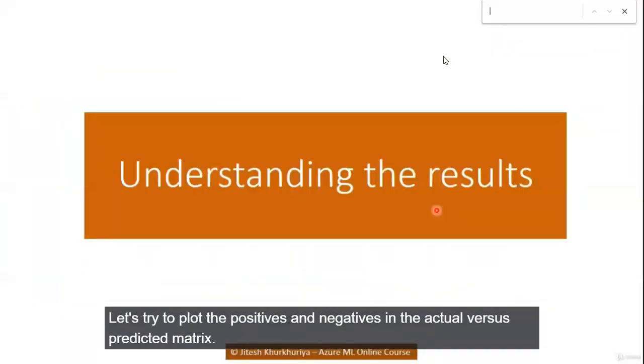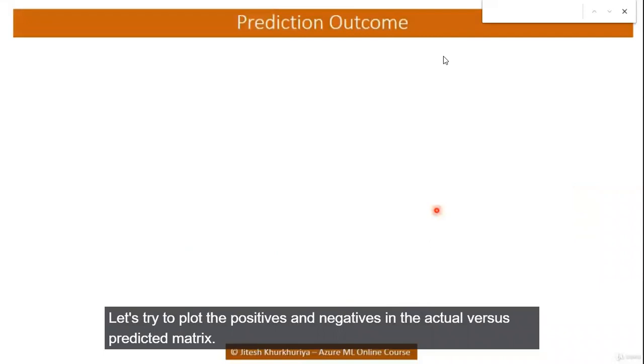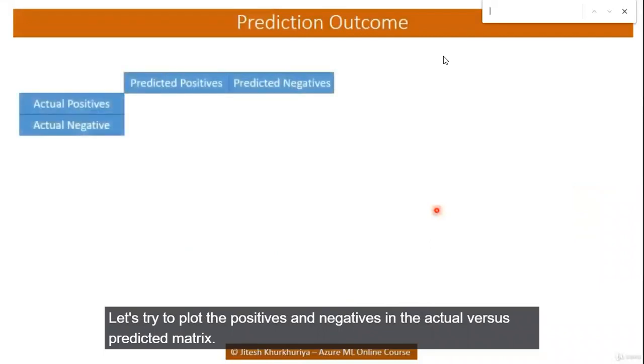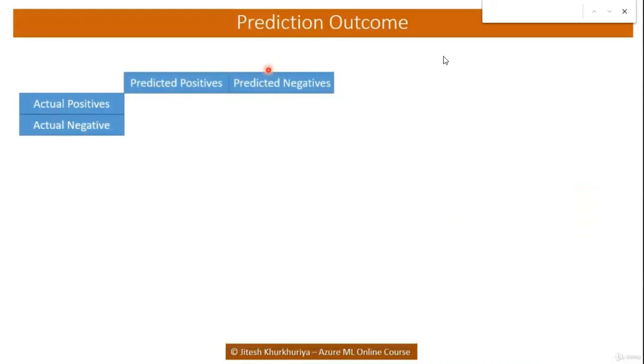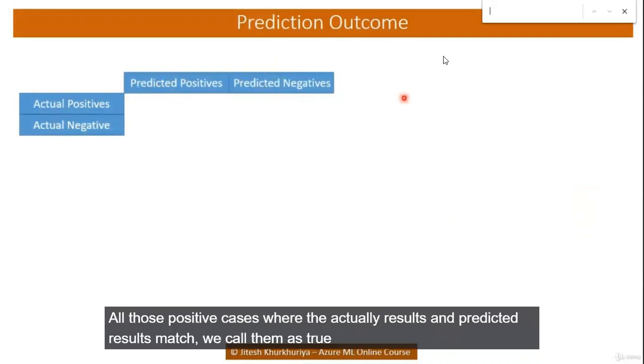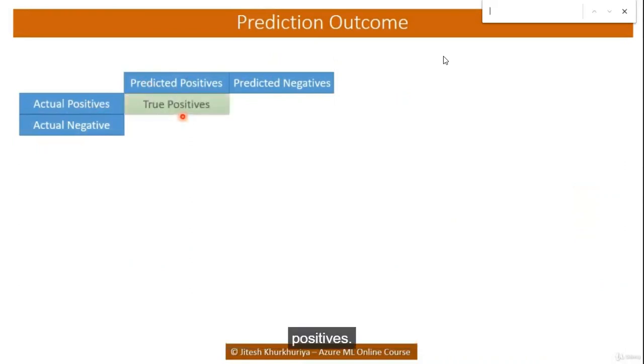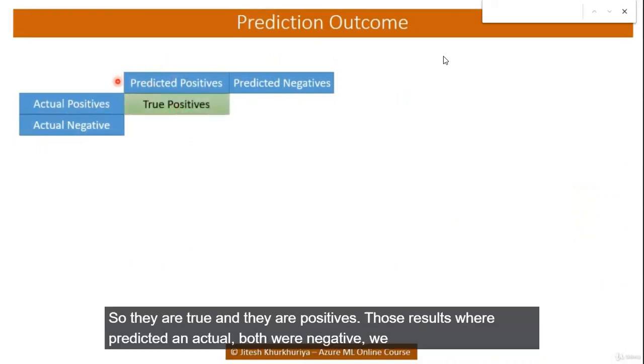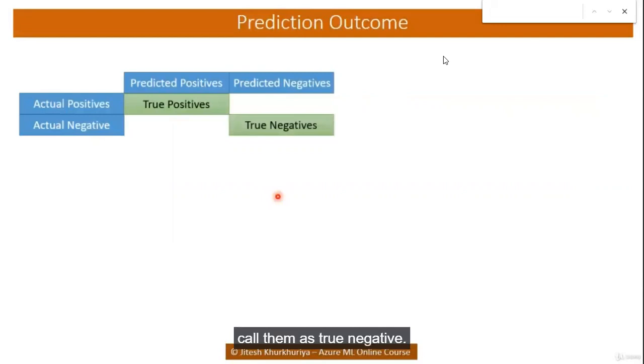Let's try to plot the positives and negatives in the actual versus predicted matrix. So we have actual positives and negatives as well as predicted positives and negatives. All those positive cases where the actual results and predicted results match, we call them true positives. So they are true and they are positives. Those results where predicted and actual both were negative, we call them true negatives.